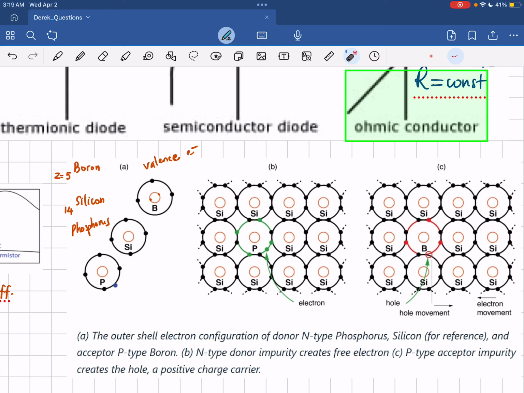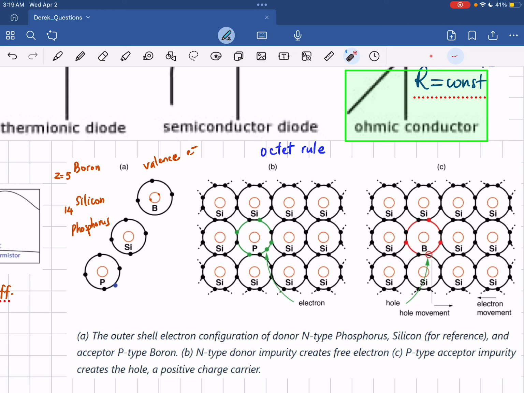Another thing that you may need to know is the octet rule, which means that in order for these atoms to be in a stable configuration, it should have 8 electrons on the outermost shell, okay?